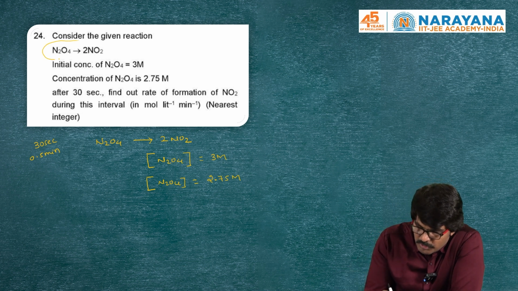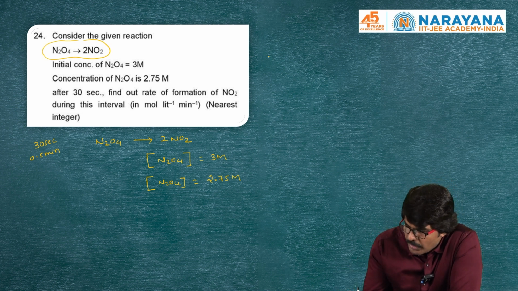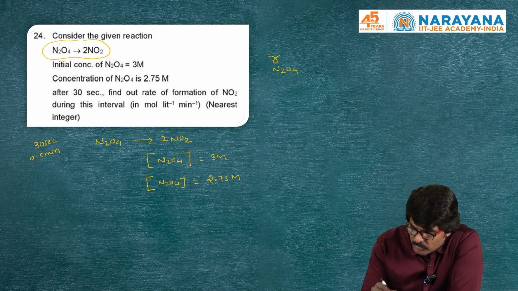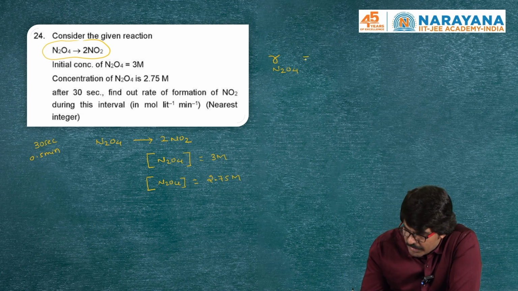So this is the equation given, and the rate of N2O4, here the coefficient is 1, is equal to 1 by 2 times the rate of formation of NO2.